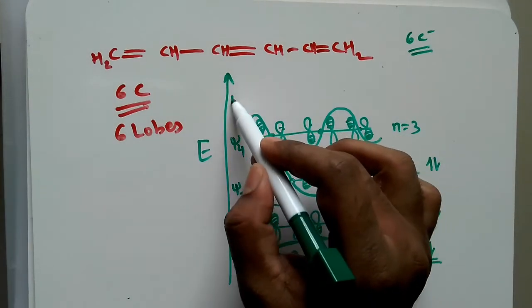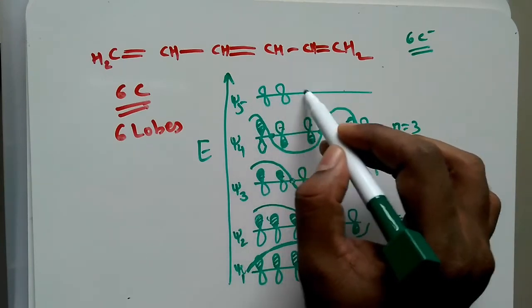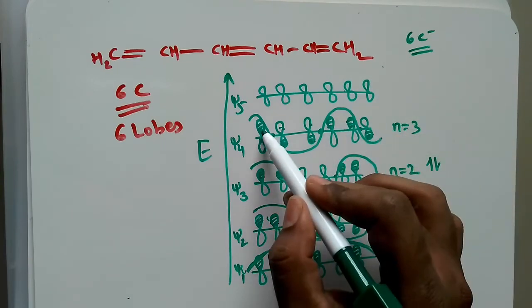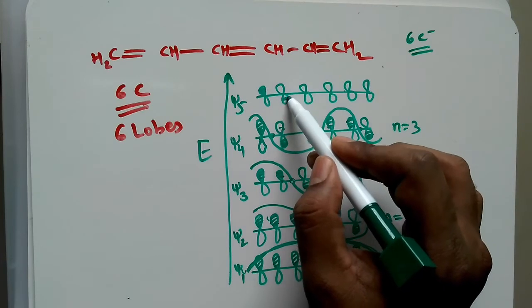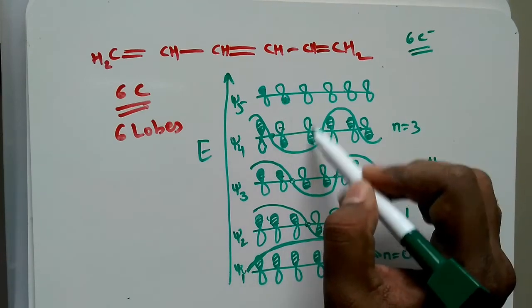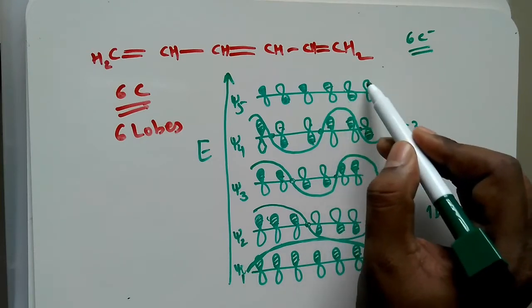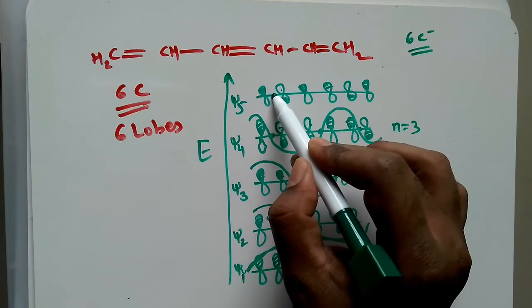In psi5 we have to draw the lobes. Here lobe 1 will remain constant, and then the other lobes follow. In this way we are having different phases, so a node will come here.